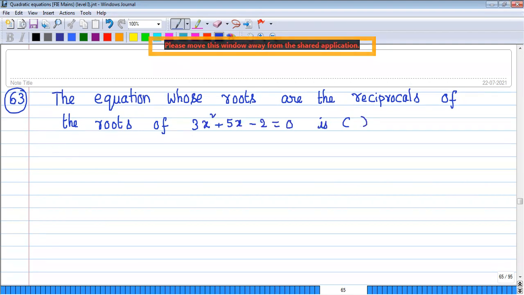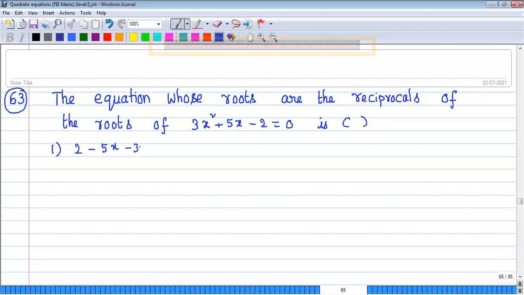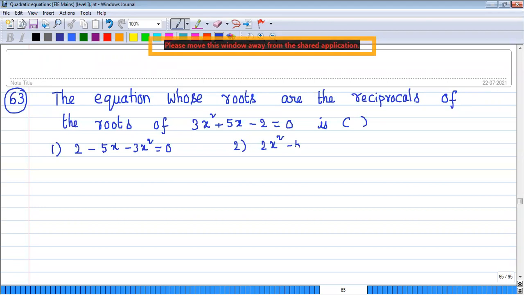First option, 2 minus 5x minus 3x square equals 0. Second one, 2x square minus 5x plus 3 equals 0. Third one, 2x square plus 3x minus 2 equals 0.